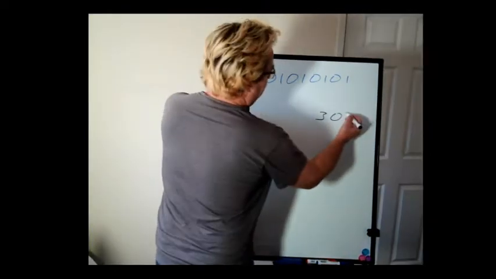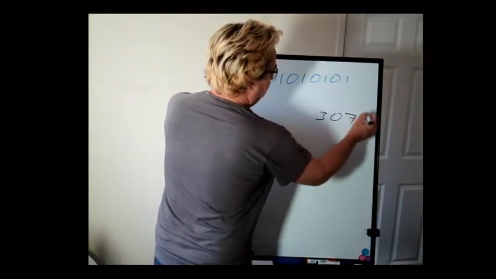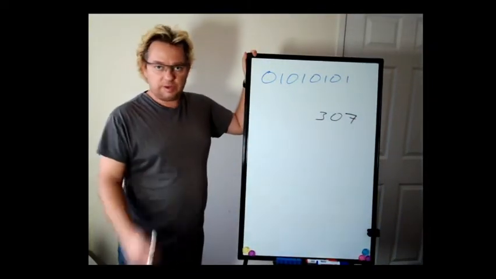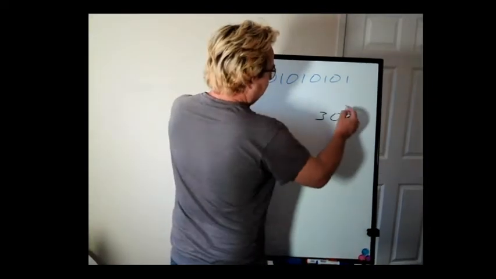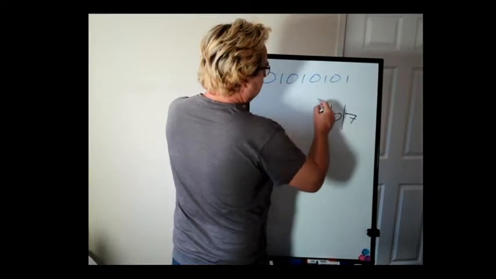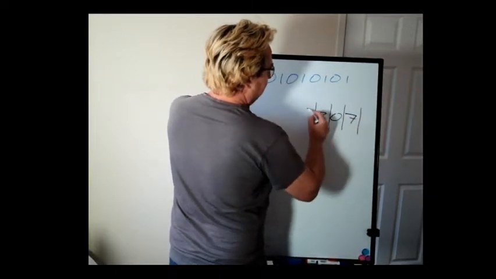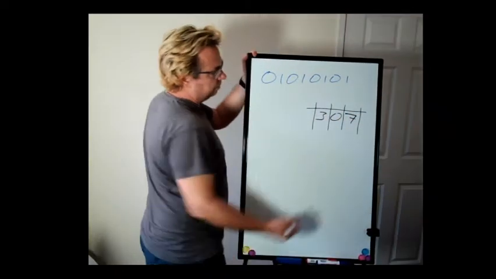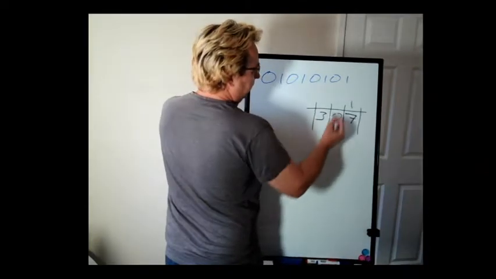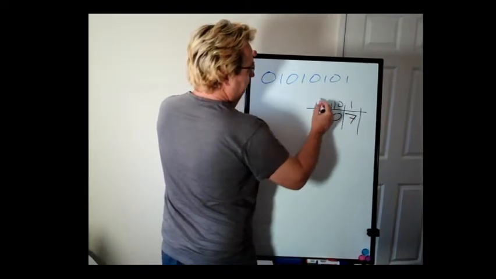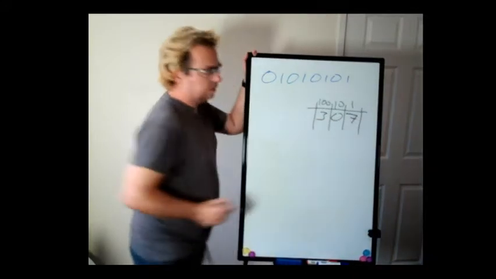If I put a, let's say, a 7 there, that would be 307. The reason we know that is the position of the number matters. So, this is the ones column, this is the tens column, and this is the hundreds column.